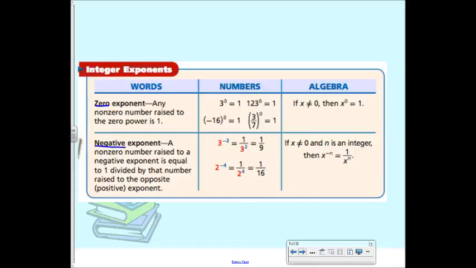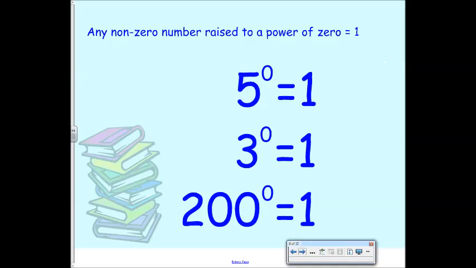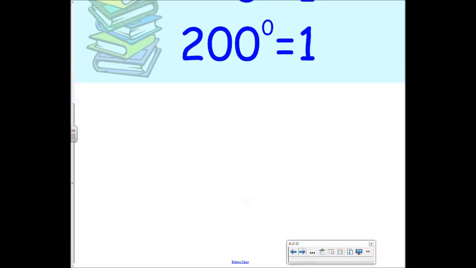All right, so any non-zero number, so anything really except for 0, raised to the power of 0 equals 1. Anything. Does anyone know why? Brendan? Because you basically go 5 times 5. Yeah, that's basically right. So what you're saying is, and I think we did this before, if you have 5 to the 4th power, how else could you write that?